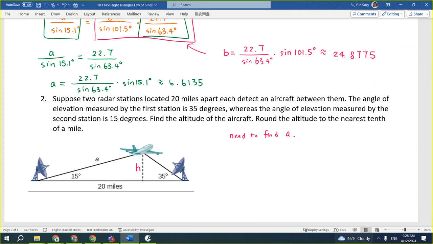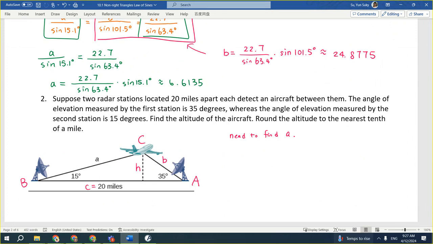So let's label the angles. The angle opposite to a is the angle A. Let's call this angle B, this side B, and this is angle C, and this is the side C. Okay.